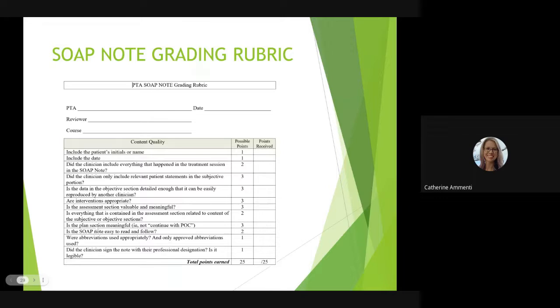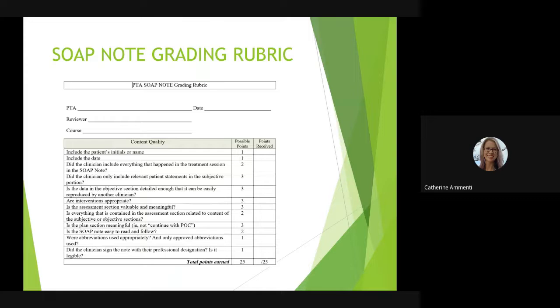Is the plan meaningful? So remember, the plan has to include the frequency and duration of the remaining visits and specifics of what you're going to do. So not listing every little thing with reps and sets unless you're increasing something for a specific reason.